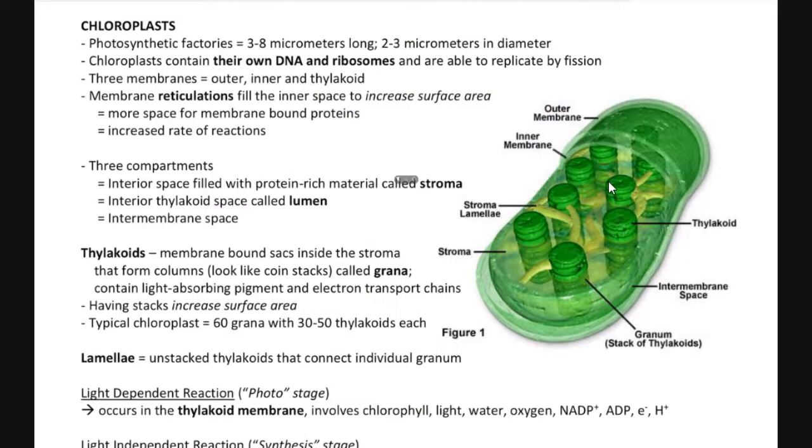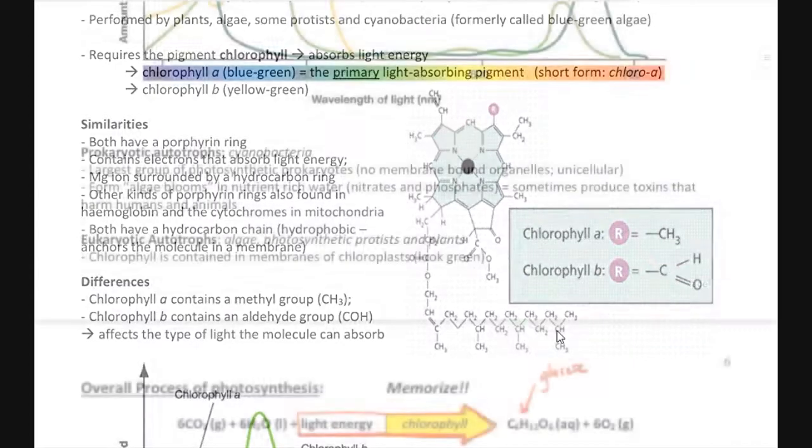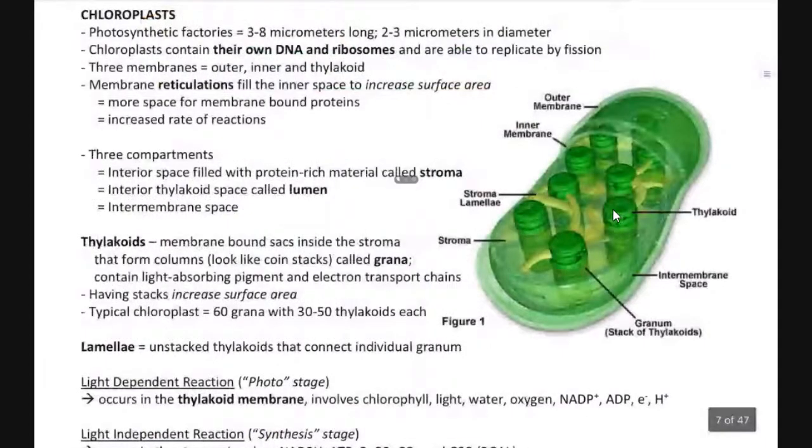At the beginning, I showed you the structure of chlorophyll. I showed you it had this hydrocarbon tail for burying itself into a membrane so that it could anchor itself. And it's the thylakoid that it anchors itself into. And there will be all this chlorophyll attached to the outside of the thylakoid with that little tail dug into the phospholipid membrane.